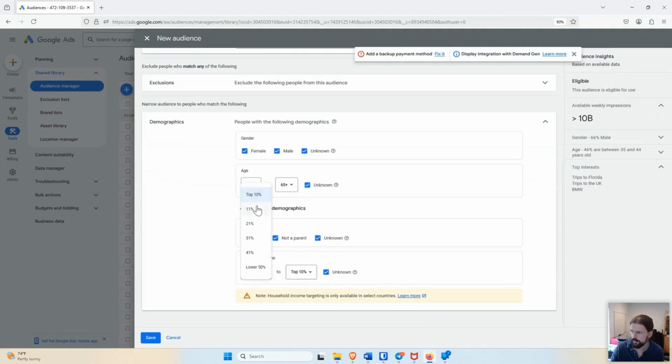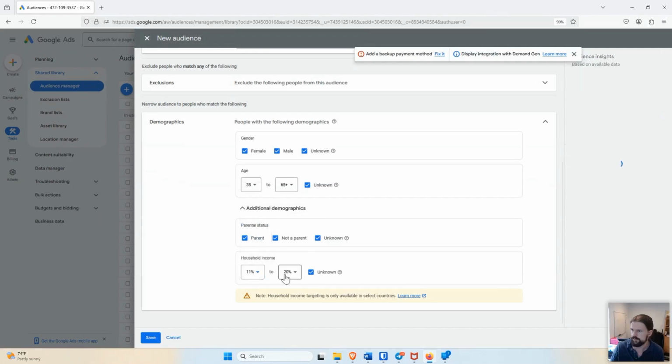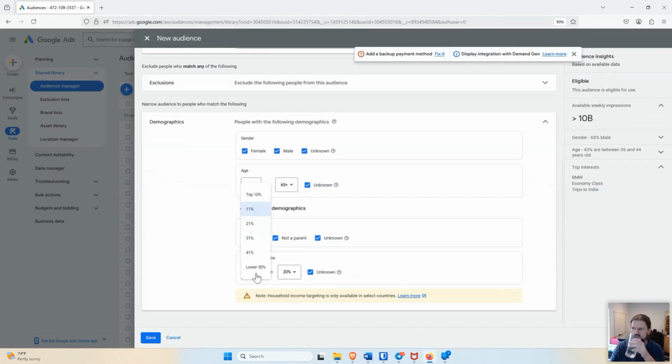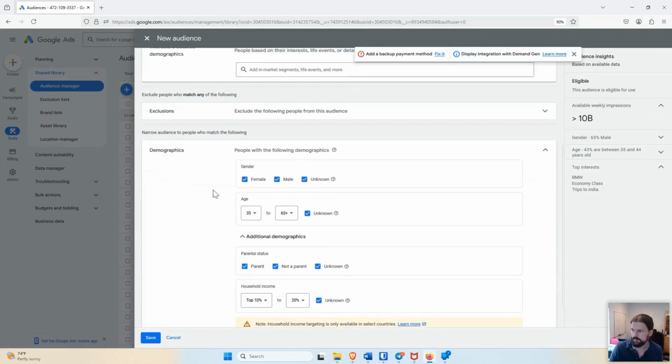Or if I want top 20%, I'll say top 10% to top 20%. So that's going to give me the top 20% of income earners. That's really cool. If you have maybe a higher priced product that not everybody can afford, you can avoid sending your ads to people that are not going to be able to afford you.